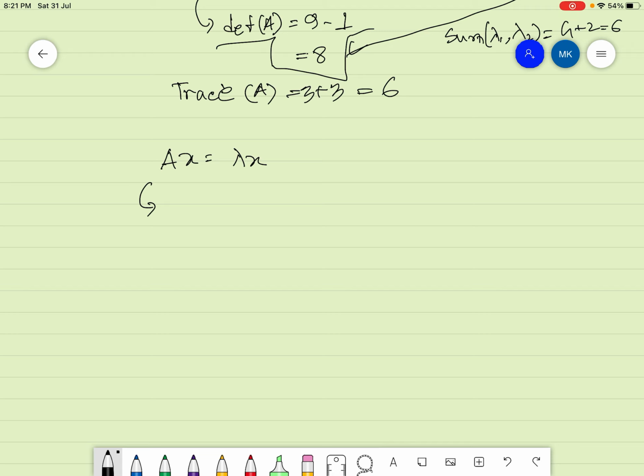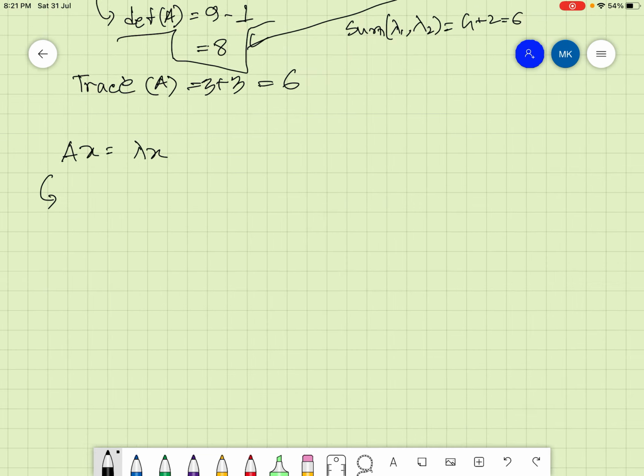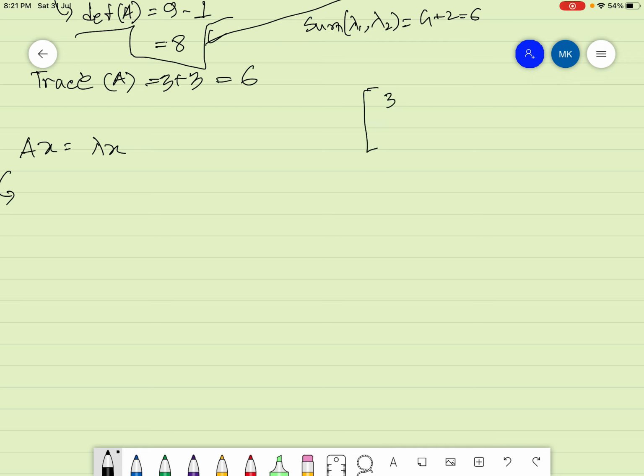So what were the previous two matrices? It was 3 1 1 3. For this, the eigenvalues were 4 and 2, and another matrix was 0 1 1 0. So the eigenvalues were 1 and -1, right?